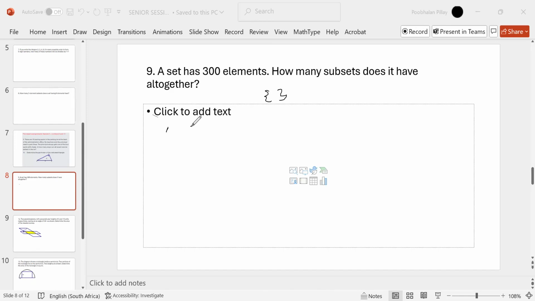And as we saw just now, it's 300 times 299 over 2 times 1. The subsets having three elements.